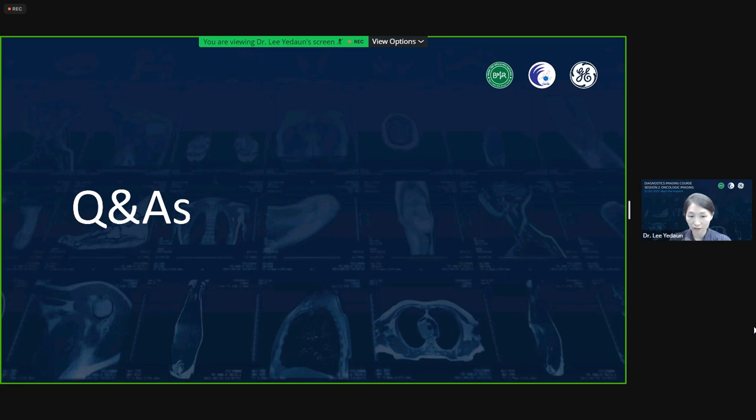Did I have the right answer? Can you rephrase the question once more? Yes, dual energy means different kilovolts, for example 120 kilovolt and 80 or 100 kilovolt, right? Yeah, for the liver, 100.